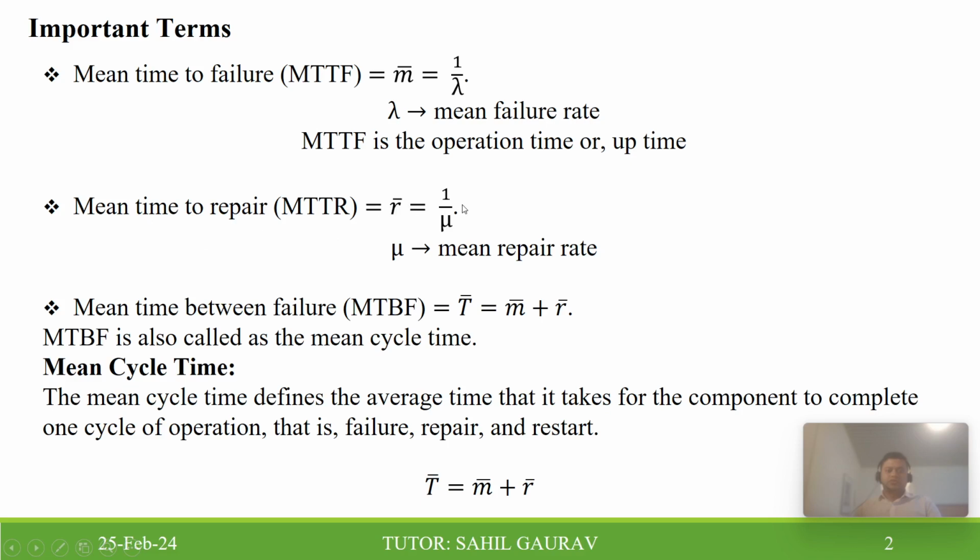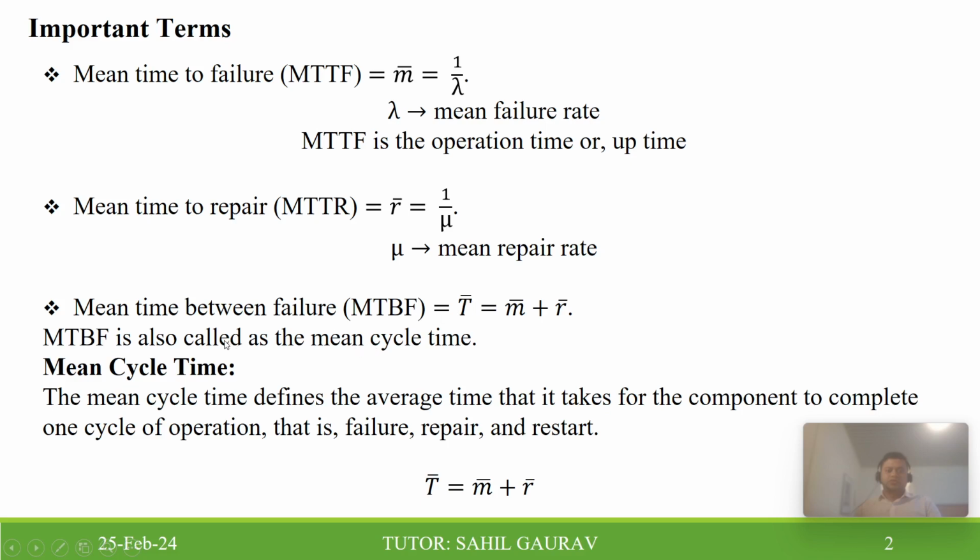R bar is equal to 1 upon mu, where mu is the mean repair rate for a system or an element. And if you sum both mean time to failure and mean time to repair, you get the mean time between failure, MTBF, denoted as T bar.